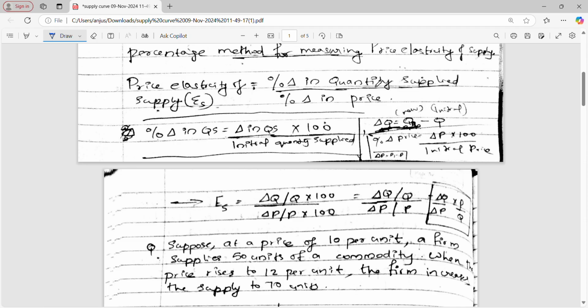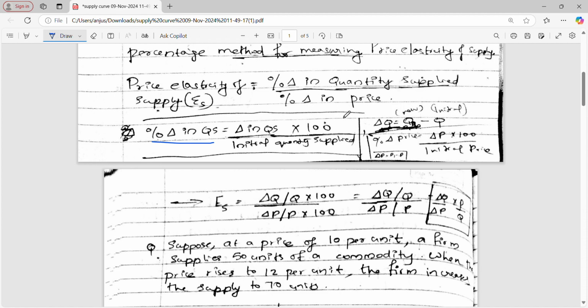The difference between new and initial quantity supplied is the change in quantity supplied, and the percentage change in quantity supplied will be this change, new quantity minus old quantity, divided by initial quantity supplied, multiplied by 100.